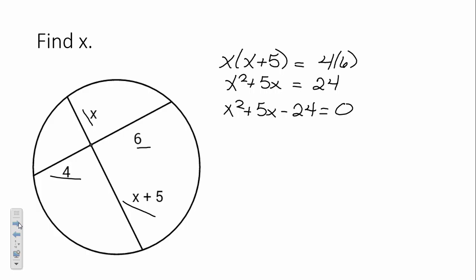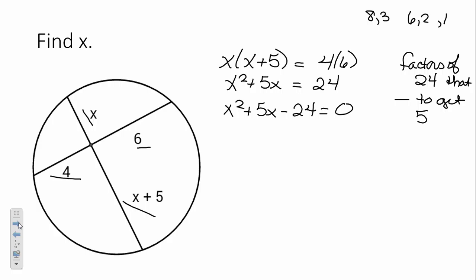And then we ask ourselves, what are factors of 24 that subtract to get 5? 8 and 3. Okay? It would be 8 and 3. It could have been 6 and 4, or 12 and 2, or 24 and 1. But you immediately recognized 8 and 3 are what we're looking for. Okay? So, 2 sets of parentheses.